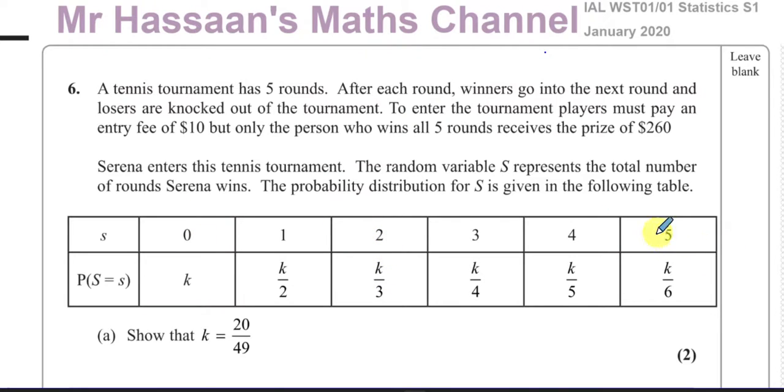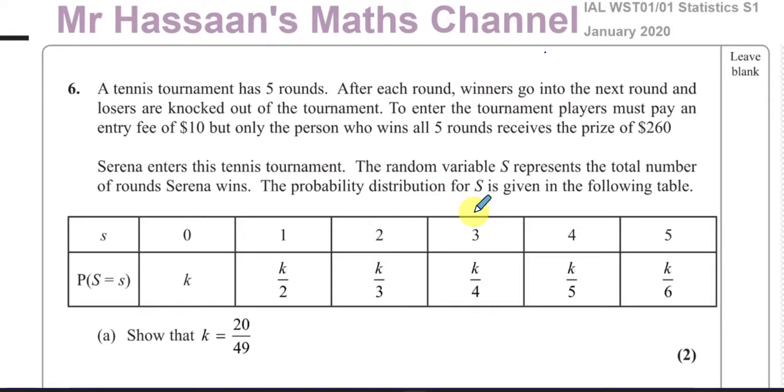So if S equals 5, that means she's reached the 5th round and won the 5th round. If, for example, S equals 4, it means she's got to the 5th round, but she didn't win it. So S equals 4 means she won the first round, she won the second round when S equals 2.